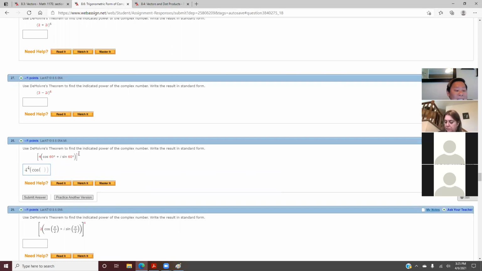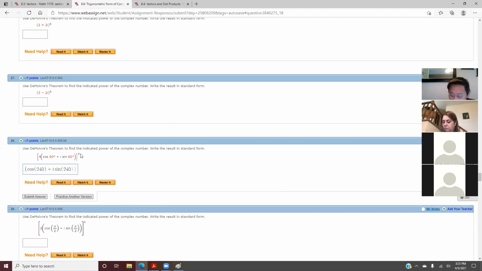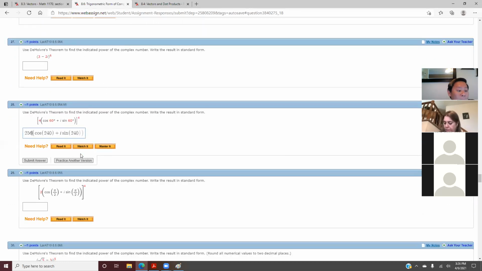So 60 times 4 is 240. Use your calculator and figure out 4 to the power of 4. 256. So this is actually 256 cosine 240 plus i sine 240.